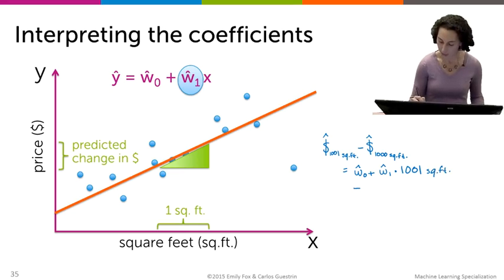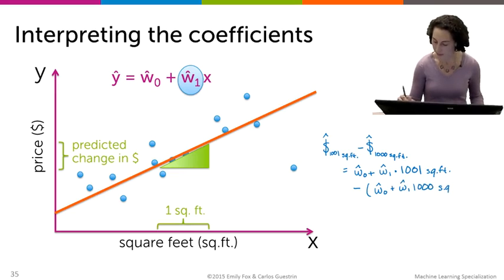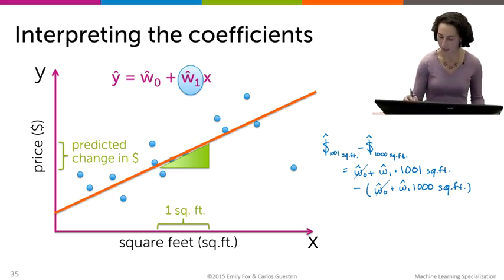Then I subtract the second term, its estimated value, again, w hat 0 plus w hat 1 times 1,000 square feet. The w hat 0s cancel, and the difference between these numbers is just 1, so this will just be w hat 1.